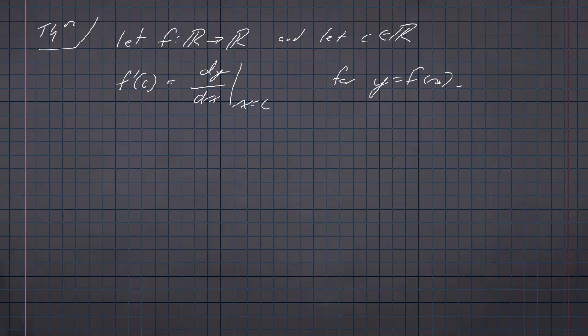For the graph y equals f of x, the differential f prime at c is equivalent to the slope of the tangent line dy dx at the point x equals c.